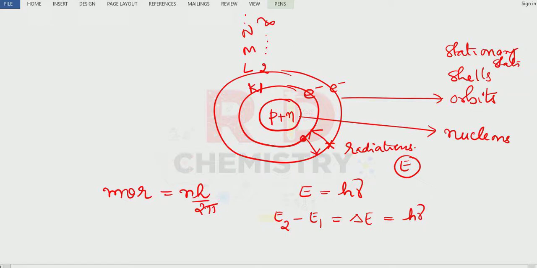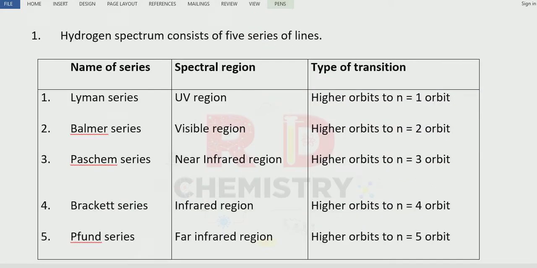When the higher level electron goes back to the ground state, energy is emitted in the form of radiation. There are different types of series of lines observed in the hydrogen spectrum. Now we'll see all these details point by point. We have altogether 5 series of lines in the hydrogen spectrum. They are the Lyman series, Balmer series, Paschen series, Brackett series, and the Pfund series. See their regions also.